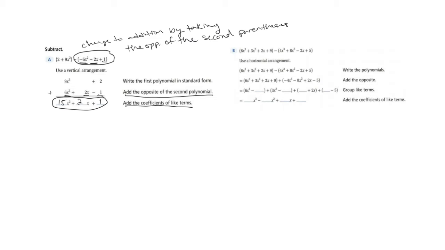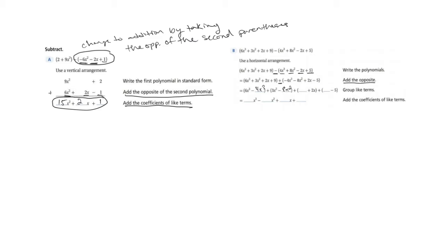The horizontal arrangement: first thing we need to do is add the opposite. So instead of having the subtraction, we change it to addition, and we change all of the terms in the second parentheses to the opposite of what they are. So this becomes negative 4x cubed, and so on and so forth. So 6 minus 4x cubed, and then 3x squared minus 8x squared.